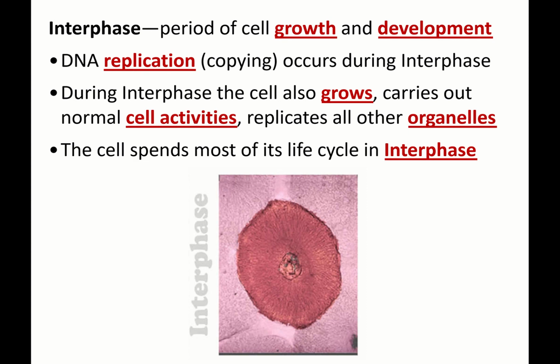Remember, our animal cells are circular usually, while our plant cells are always square or rectangular. We can only see the cell membrane and the nucleus. I don't see any chromosomes because there aren't any yet, not when a cell's being normal. It has chromatin. And I can't see any of the other organelles, but why? Well, it's really our fault. Our microscopes are just not good enough to see the other organelles.